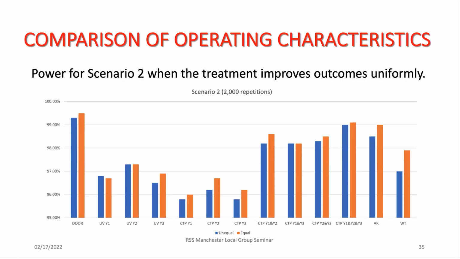And in terms of power, if we have uniform improvement, this scale is 95 to 100. So even though it shows a difference, it's actually a very small difference in numerical value. If uniform improvement, we can see that equal and unequal perform very equally, subject to some random variation.